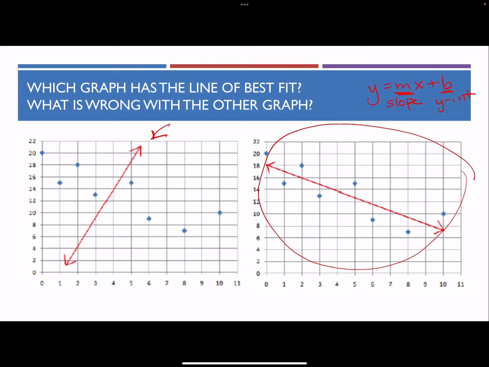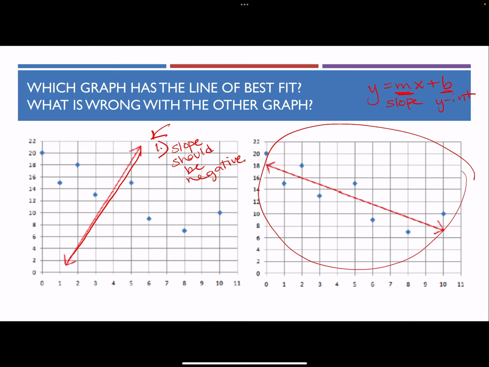Should the slope of the line of best fit be going up from left to right like this? No. So hopefully you can see that the slope is wrong. It should be negative. So that's the first part. The slope should be negative, right?